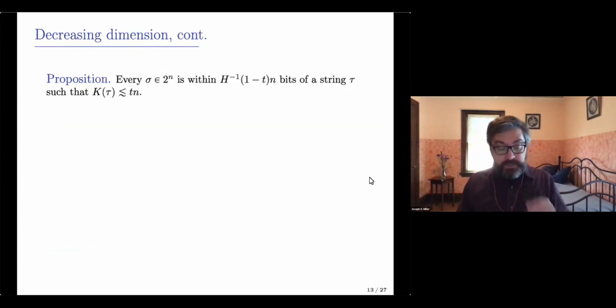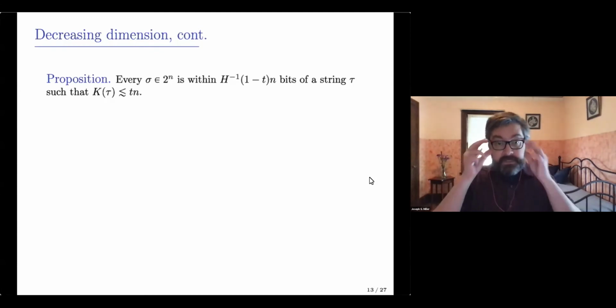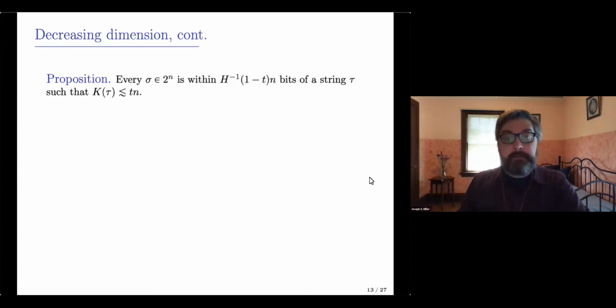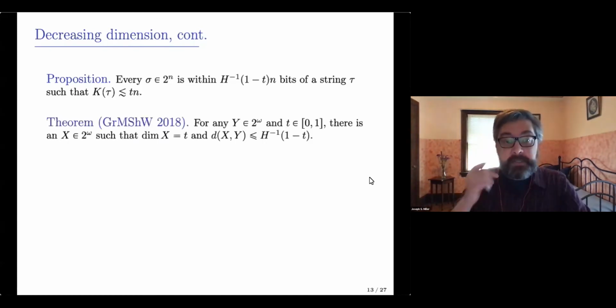Okay, so I've rewritten that. Every sigma is within H inverse of (1 minus t) times n bits of a string tau that has complexity no greater than essentially t times n. And there's nothing to this. This is the easiest proof in the 2018 paper.